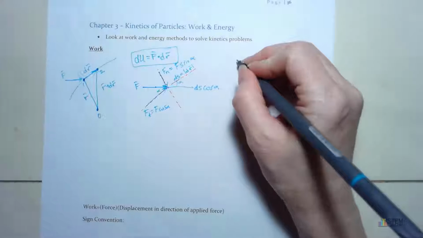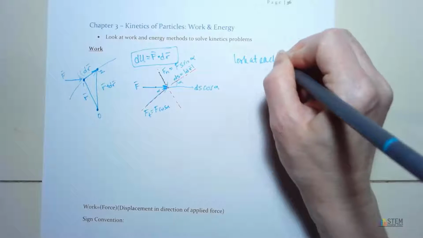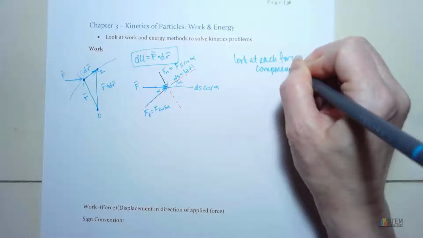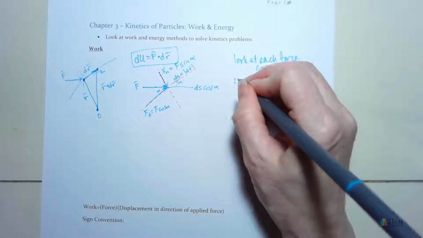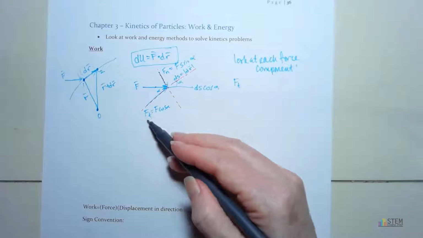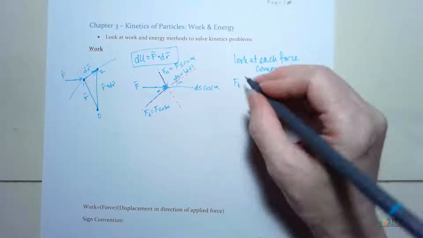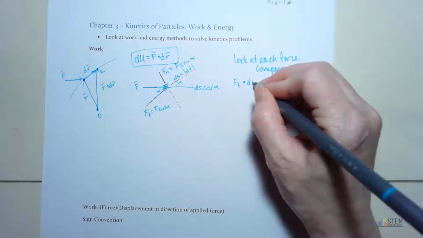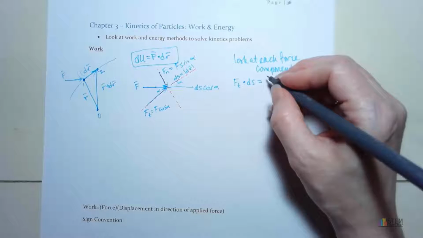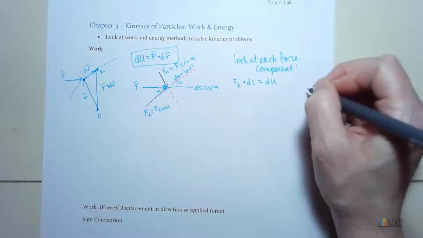Now, let's look at each of the force components. So let's start with the tangential component. So if I take this tangential component and I dot that with ds, so if I do Ft dotted with ds, then that is going to give me dU.